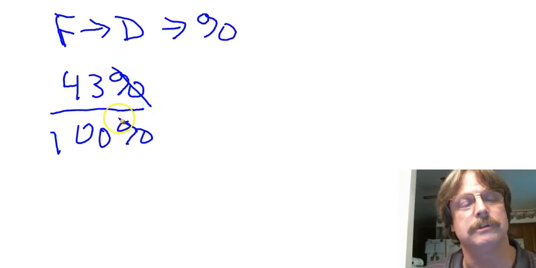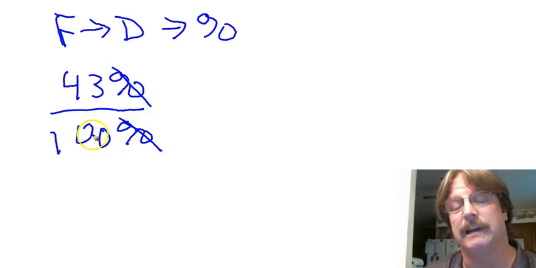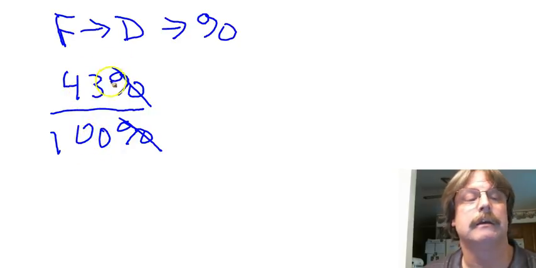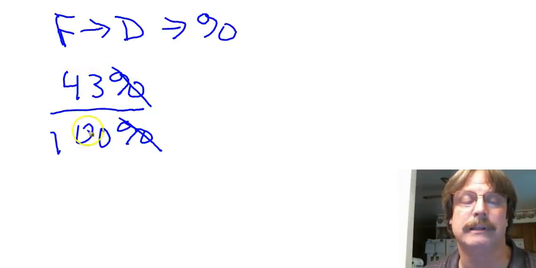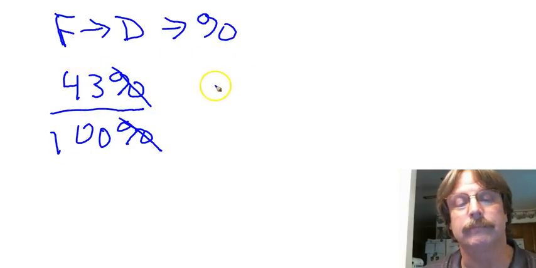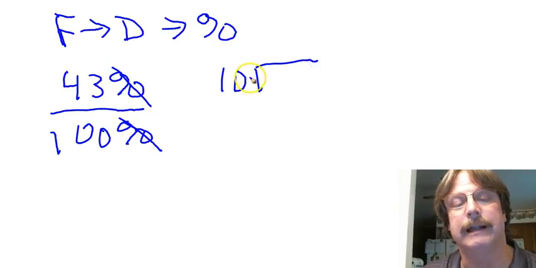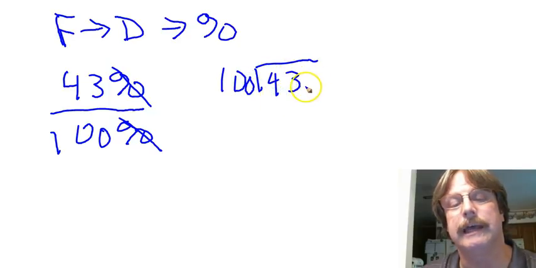So the percentages cancel out, and it becomes 43 divided by 100. Now you could say, well, that's a fraction already. But you have to ask, will it reduce? To convert this to decimal, we simply take the 100 and divide that into the 43. We have our decimal here, and we'll put it up top.